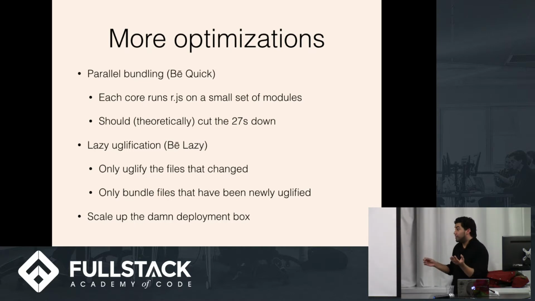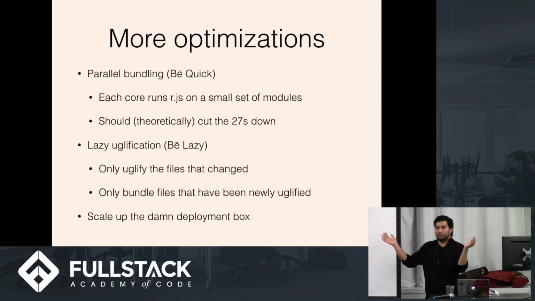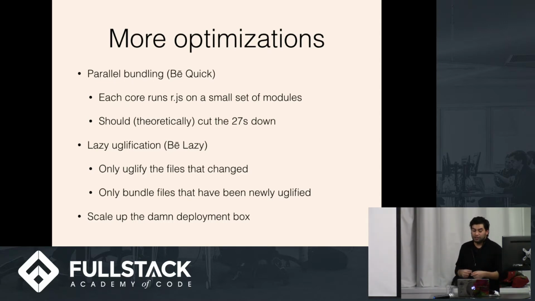Which is great because if you're shipping a change to your website, it's isolated to one of those bundles potentially, right? You're only modifying one feature. And so only that one bundle needs to get regenerated versus all 75. That's great, but we'll see that that isn't going to work for us. So Be Lazy is a great idea.